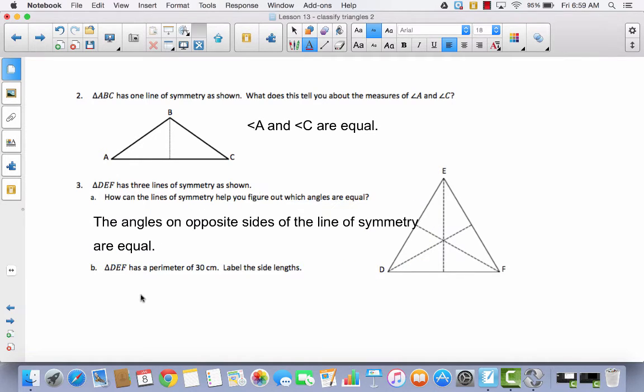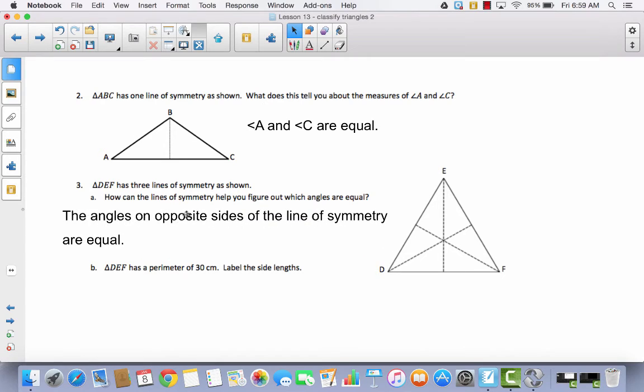All right, so triangle DEF has a perimeter of 30 centimeters. Label the side lengths. What do you know about this triangle? It doesn't tell you anything about the side lengths. It has no tick marks. But if this angle is equal to this angle, and this angle is equal to this angle, and this angle is equal to this angle, that tells me that all of these angles are equal.